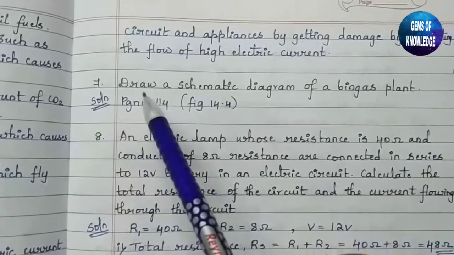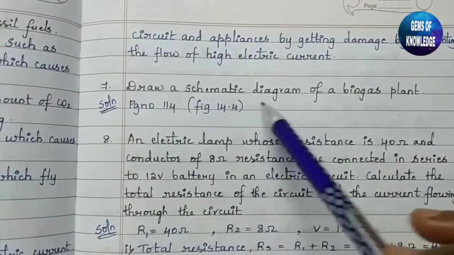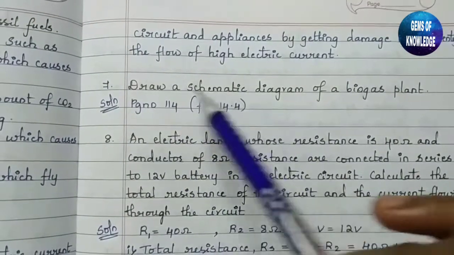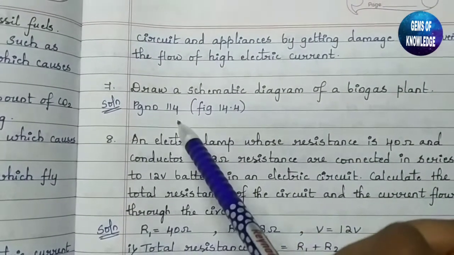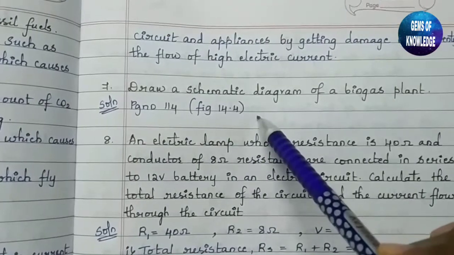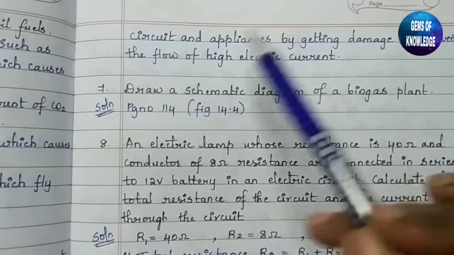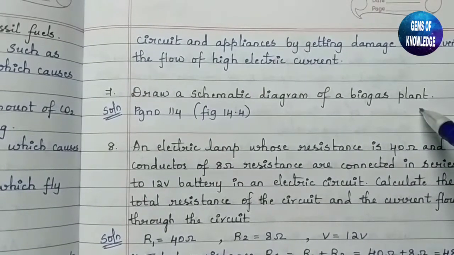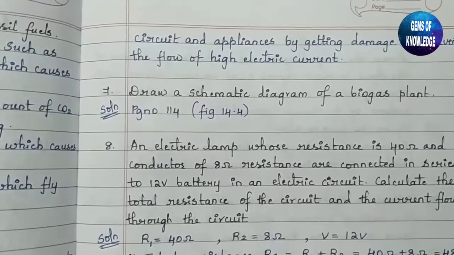Okay, now the next question is asked, draw a schematic diagram of a biogas plant. The biogas plant is on page number 114, that is figure 14.4 of your textbook. You have to check that diagram, the biogas plant diagram, and draw it here.